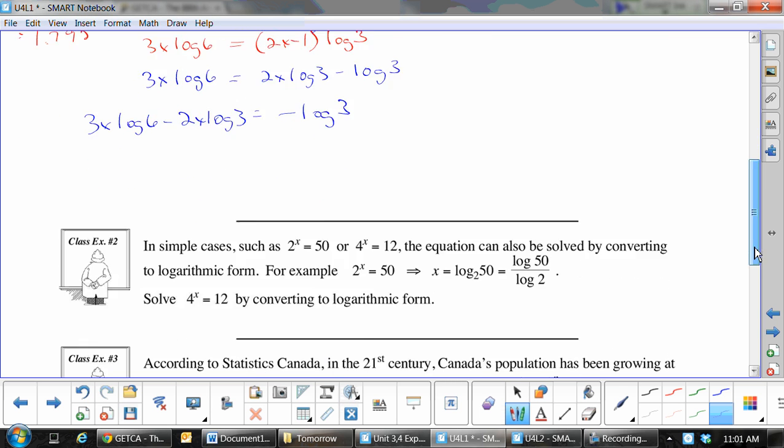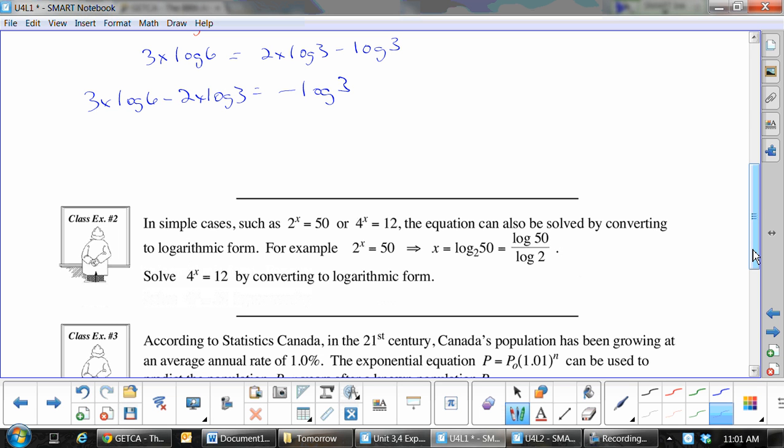Now, I can't subtract those two because they're both not log 6, and they're both not log 3. If that was 3x log 6 minus 2x log 6, man, am I into some easy work. But it's not that nice.